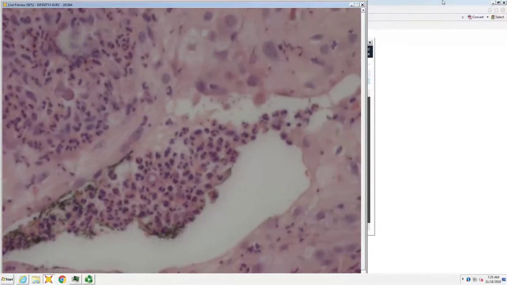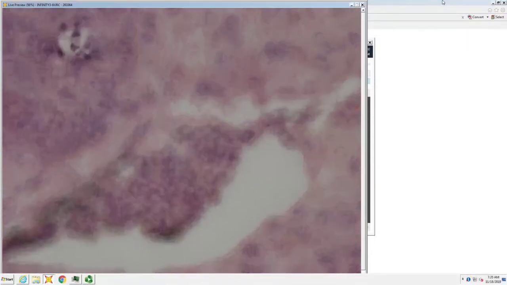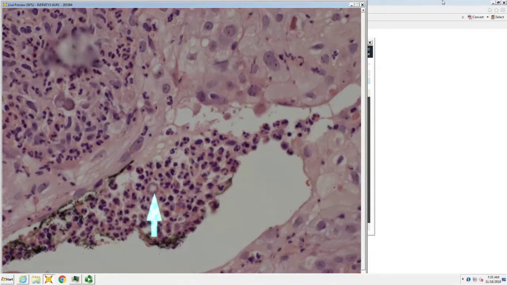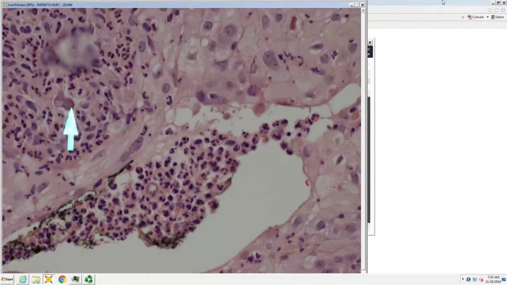And then right here, we've got a fungal spore there. It's a little lacy. You could almost think of that one as crypto, except that here it's clearly budding, which crypto would not do, and it's a nice broad base bud.